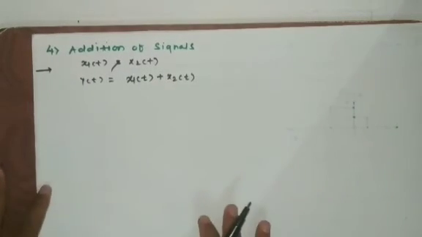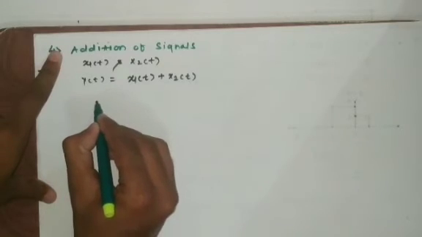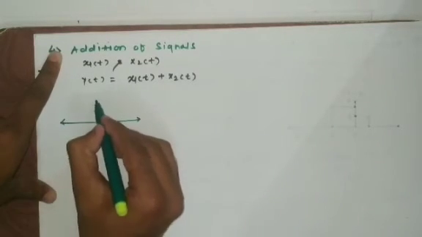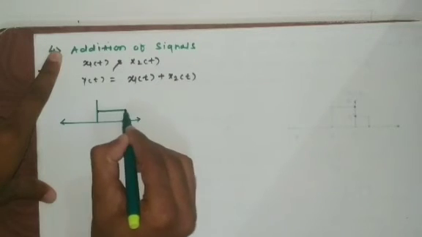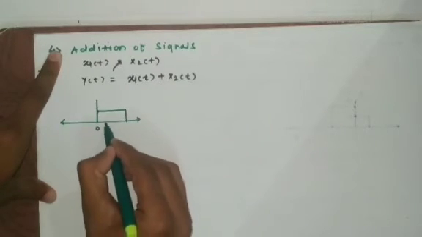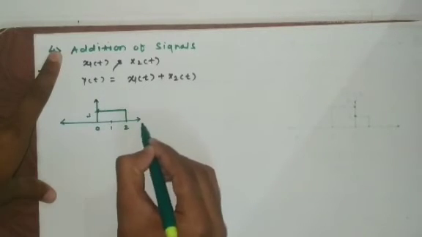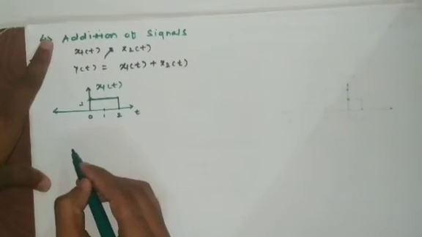Okay, so let us assume one more example. Let us suppose we have the first input signal, which is given as: this is 0, this is 1, this is 2, and here the amplitude is 1. We'll treat this as the first input signal x1 of t.